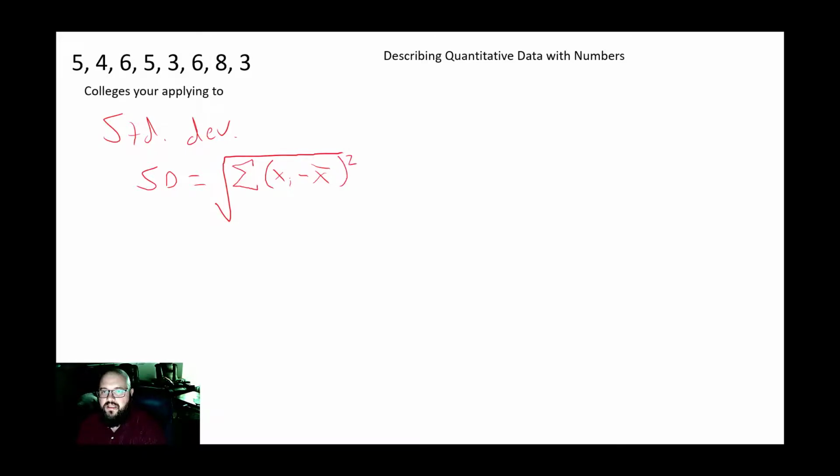So you're taking the value, like we would take 5 minus our mean value, which is 5, and square it. And we're doing that with each one of these numbers to add them up. We're going to go through that. But all of this is then divided by n, our sample size, minus 1. Okay?